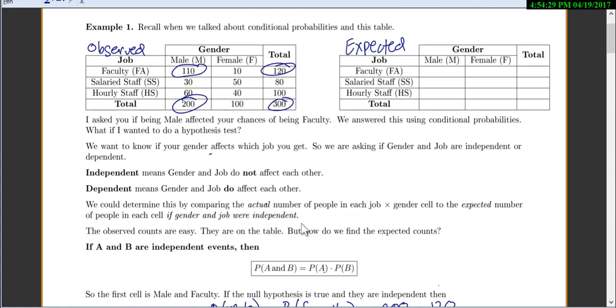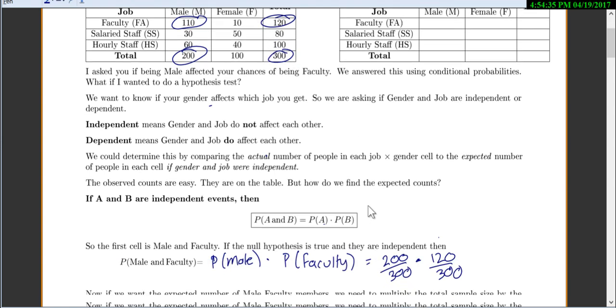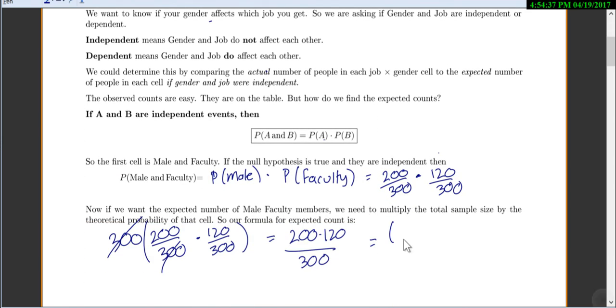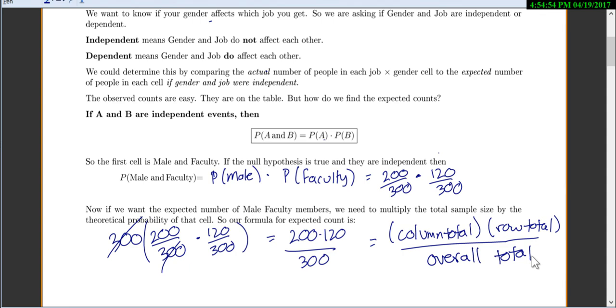This 200, notice the 200 was our column total, and the 120 was our row total, and 300 was our overall or grand total. So we're going to write this as a nice little formula: column total times row total over overall total. If we do that, we can find the expected value for every single cell.